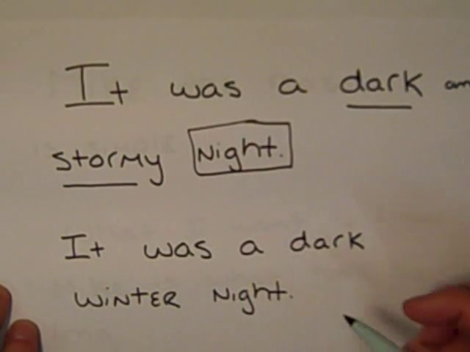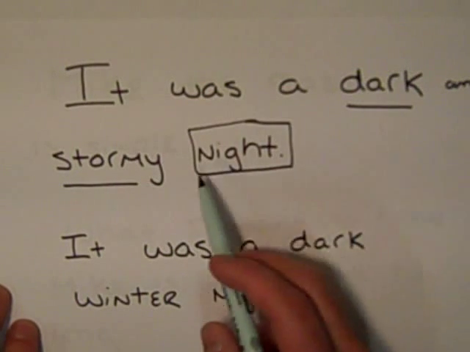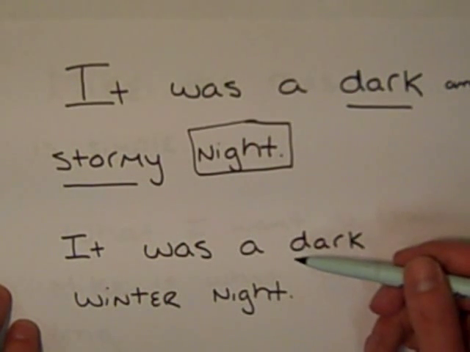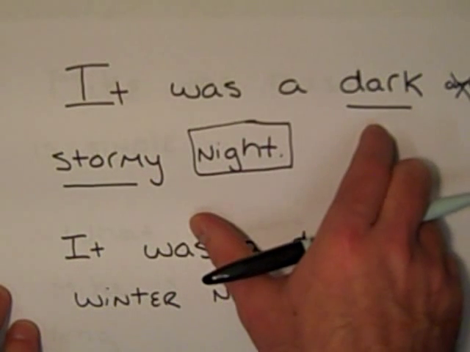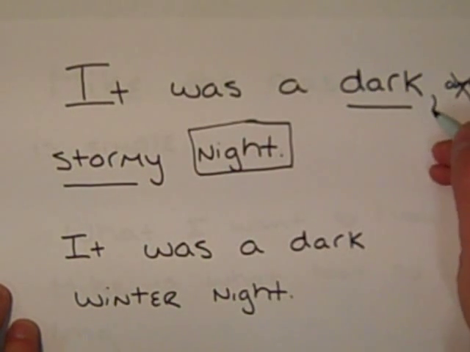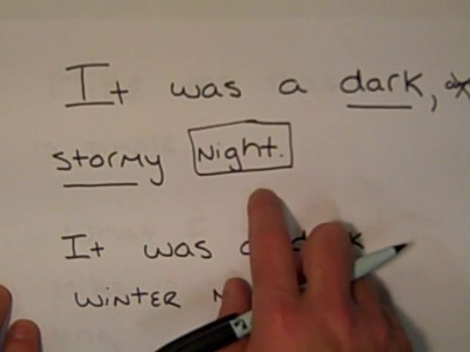If that sounds natural, then it usually is a coordinate adjective. "It was a dark and stormy night" sounds natural. And so if we can use "and" in between the two adjectives, that means that we need a comma. It was a dark, comma, stormy night.